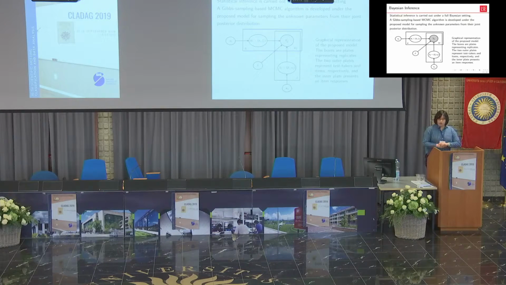This is a graphical representation of the model. You have the data here, and theta_i, which stands for all the person-specific parameters. They are assumed to be random. The item parameters, including beta_j and theta_j, are for the items, and they are also random.